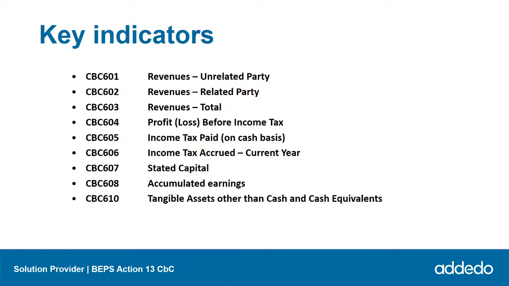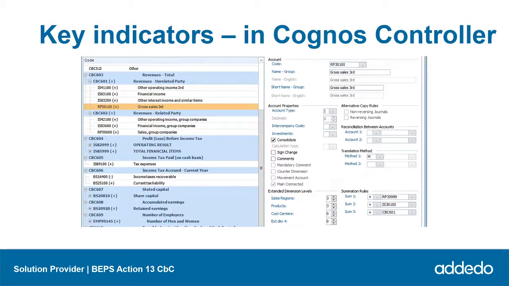The 8 key indicators are defined in the CbC XML schema. They are revenues, unrelated, related, and the total revenues, profit or loss before income tax, income tax paid on a cash basis, income tax accrued for the current year, stated capital, accumulated earnings, and tangible assets other than cash and cash equivalents.